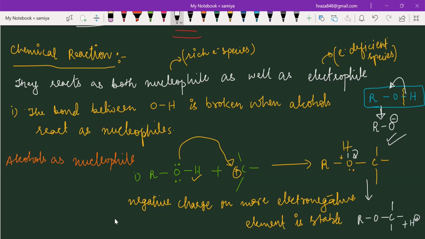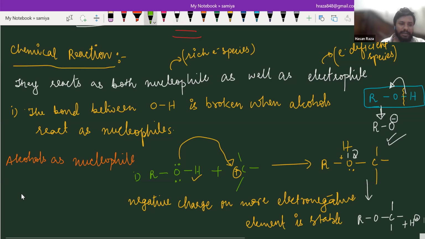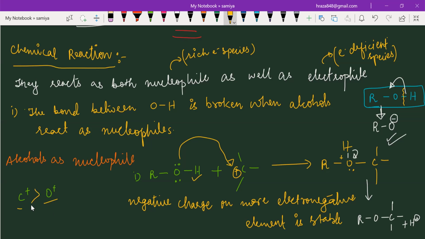Yes, sir. So it can be asked like this: C plus or O plus, which one is more stable, Ayman? Sir, C plus, because carbon is less electronegative than oxygen. So it's obvious that O plus is less stable than C plus, because the positive charge is present on both, and whichever is less electronegative will be more stable.